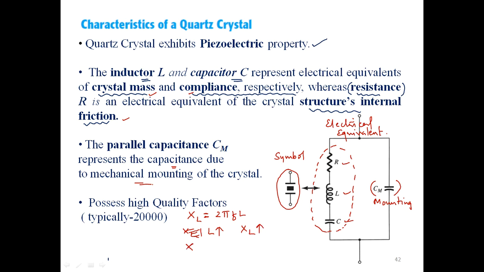Similarly, with respect to the capacitance, XC can be given as 1 upon 2 pi FC. That indicates when C increases, XC decreases, because they are inversely proportional to each other.